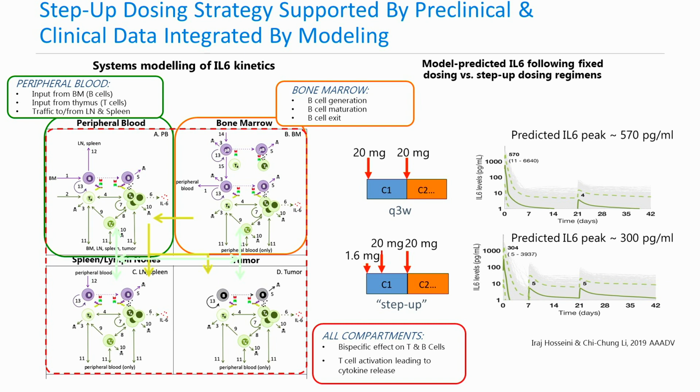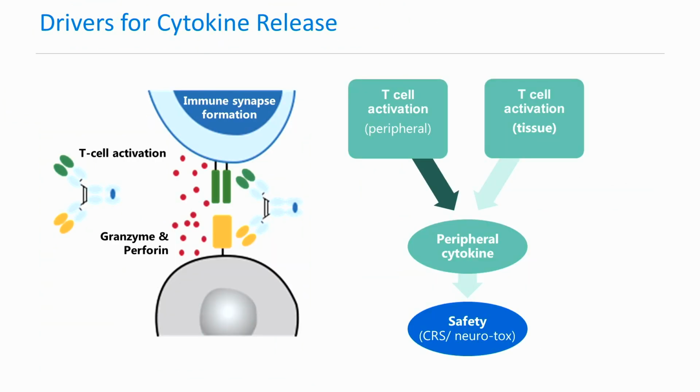The model also predicts an important kinetic feature of IL-6, where it is primarily a first dose effect, and repeat dosing seems to result in minimal modulation later on. Pharmacologically, the postulated mechanistic explanation is illustrated here. The target engagement by Mosun results in T-cell activation both in the peripheral blood and in the tissue.